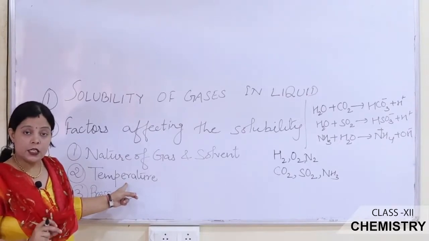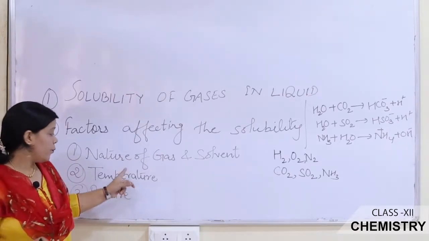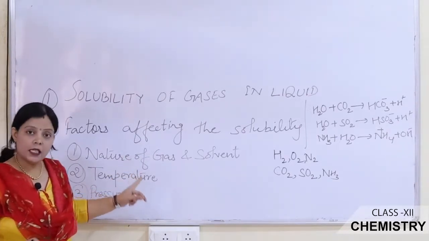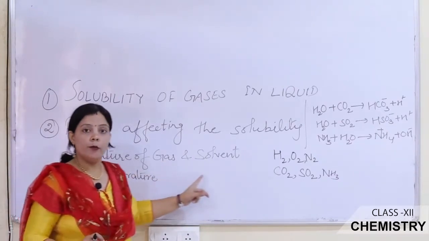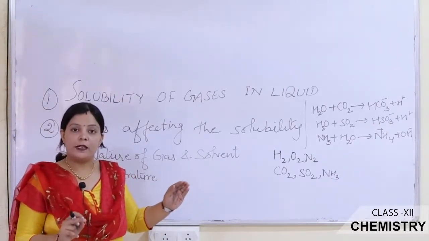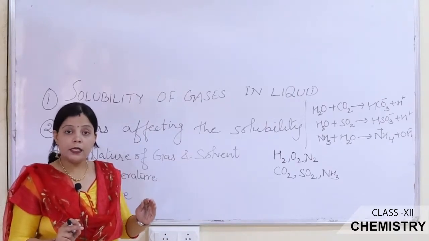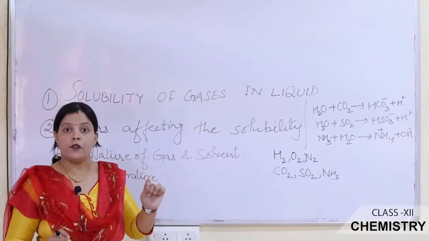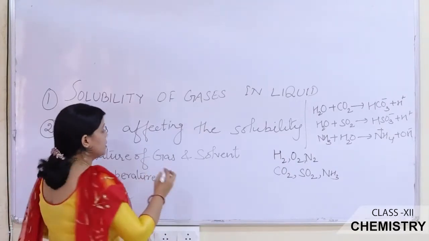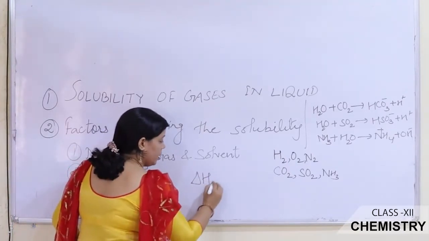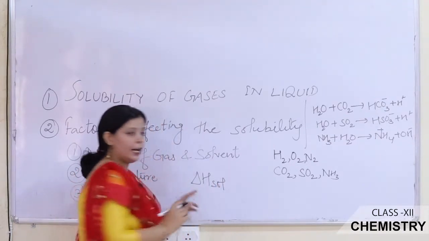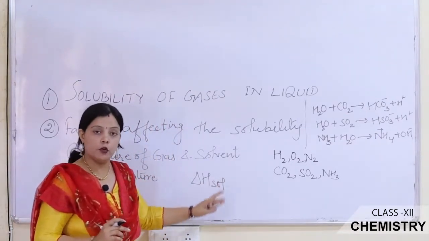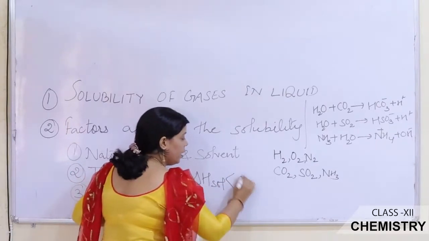The next factor is temperature. When a gas is dissolved in a liquid solvent, the random movement of the gaseous molecules continuously decreases. This means there is a decrease in the net enthalpy change of the solution, so delta H sol, the total net enthalpy change in the dissolution process, has a negative sign.